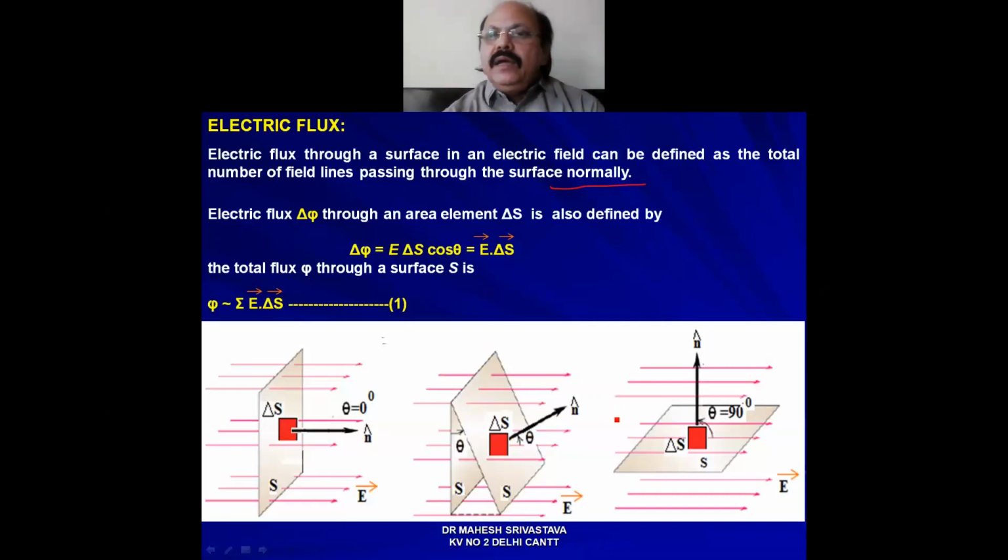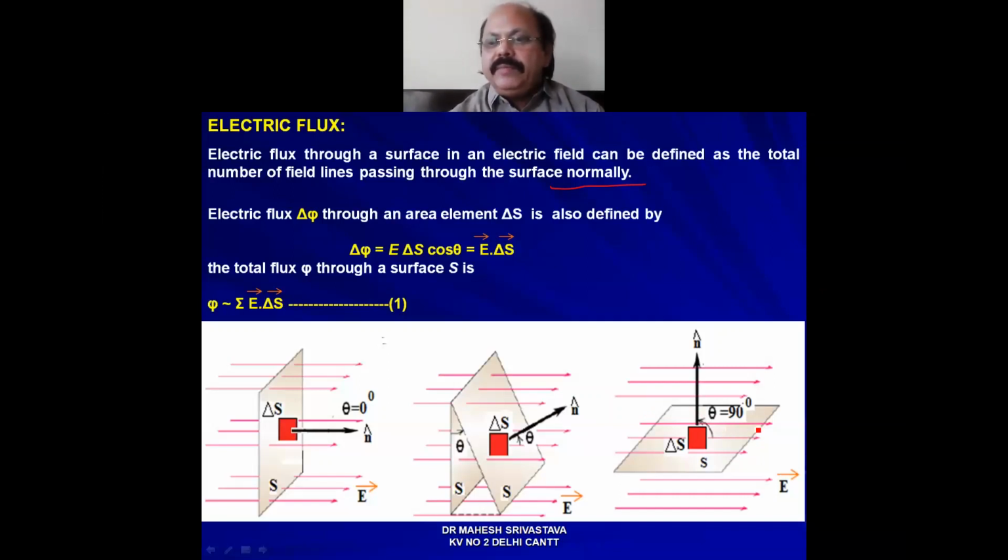Now in the third condition, field lines are touching the surface S tangentially, meaning they are not passing through the surface. In that condition, the angle between the area vector and the E vector is 90 degrees.